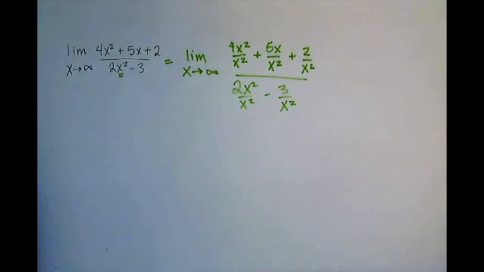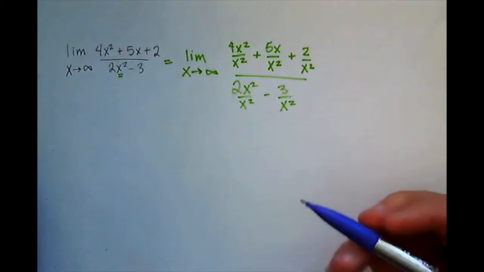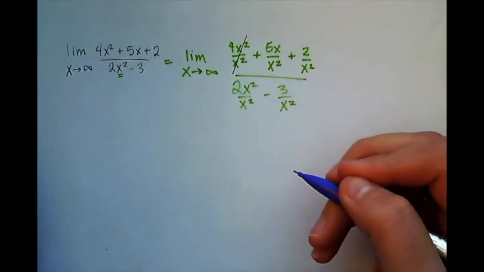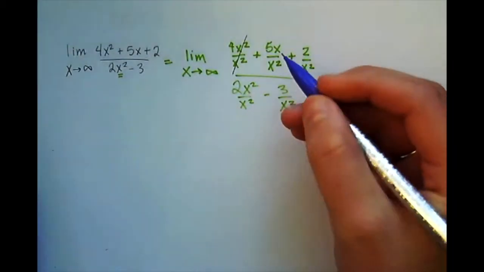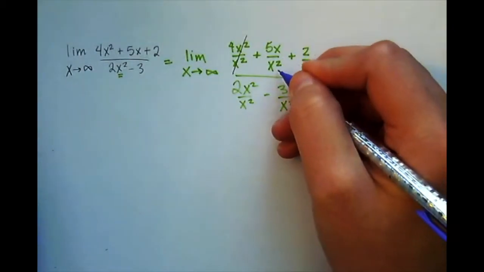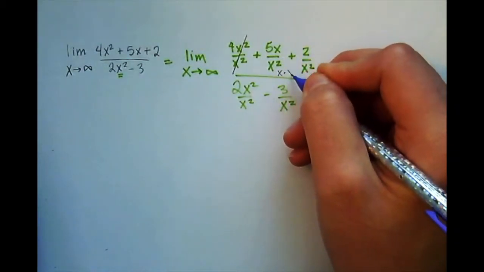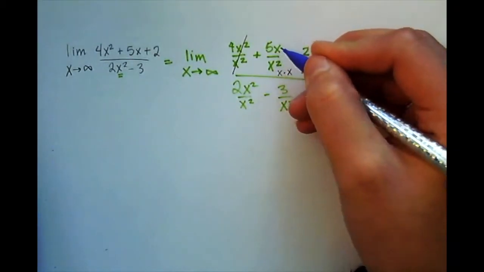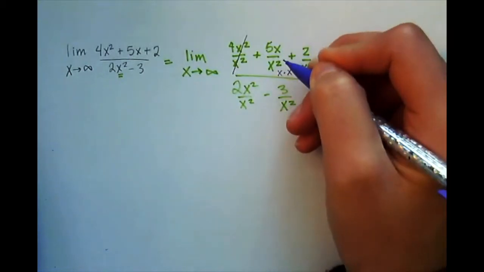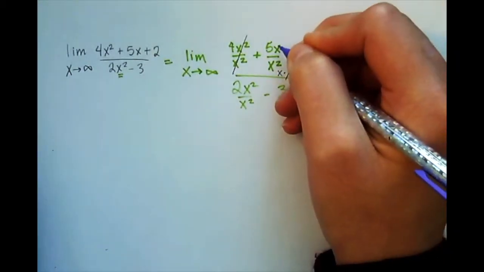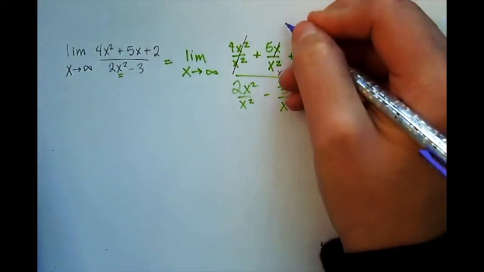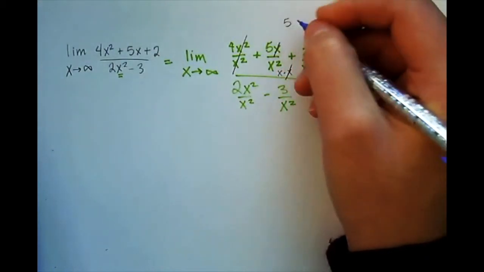But now what we have to do is cancel a few things out and look at something a little bit conceptually here. We know that 4x squared divided by x squared is just 4, because the x squareds cancel out. And 5x over x squared, well, x squared is x times x, so if we have 1x on the top and 2 x's on the bottom, we cancel 1 out on the bottom and 1 out on the top, so we're left with 5 over x.